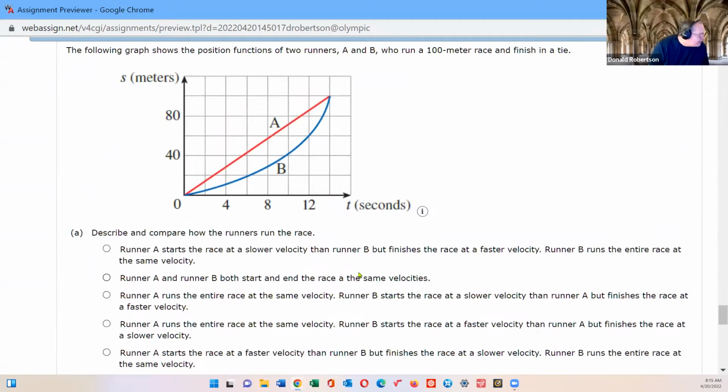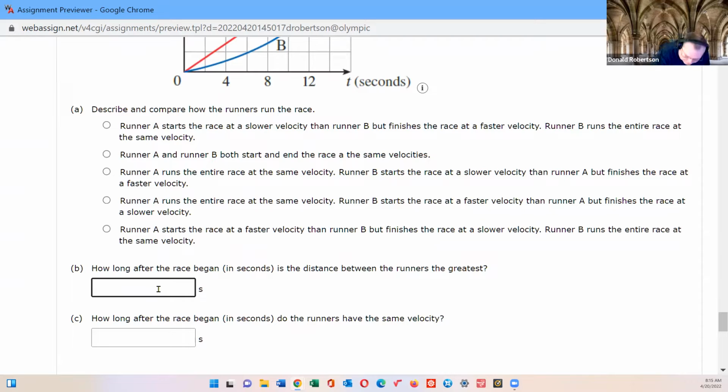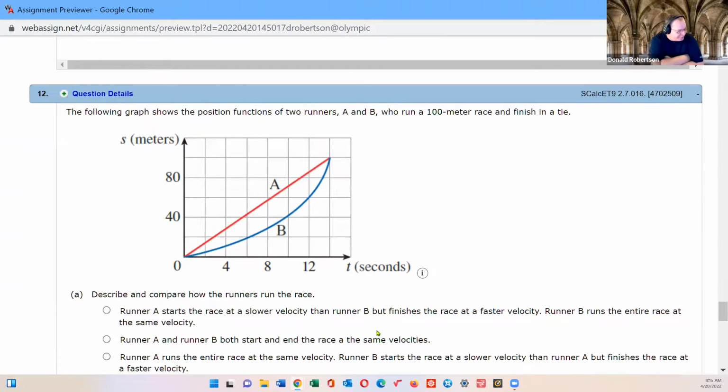Oh, they want to know the time. Then if it happened here, all I would do is put in 8 seconds. And then it says, how long after the race began in seconds do the runners have the same velocity?